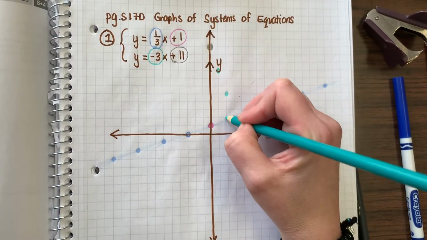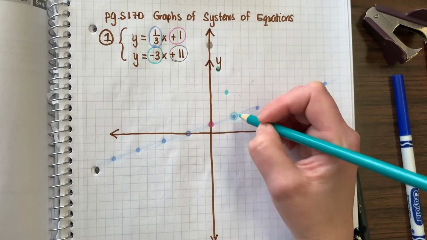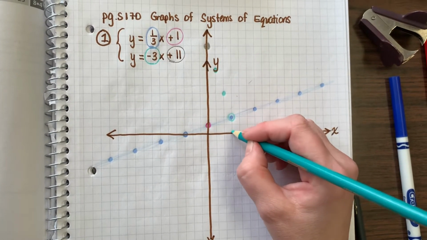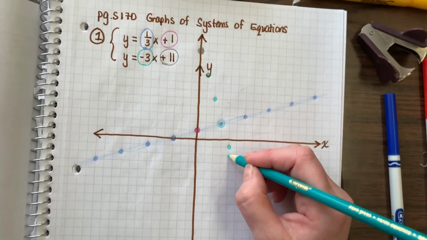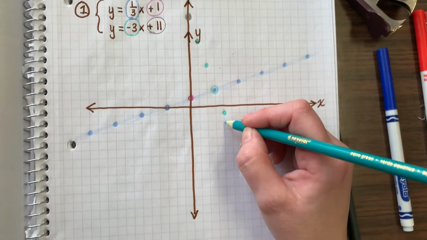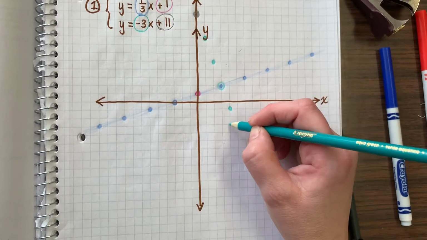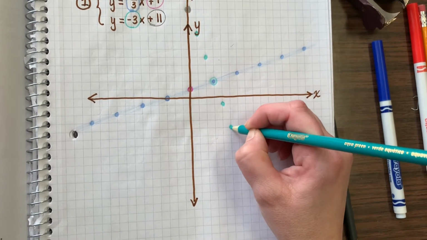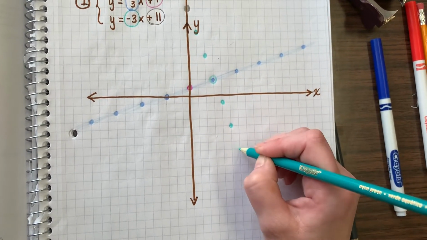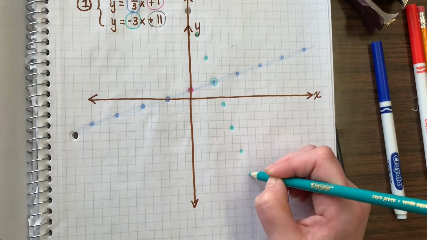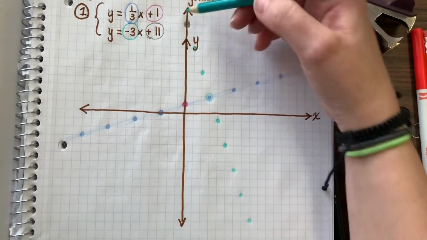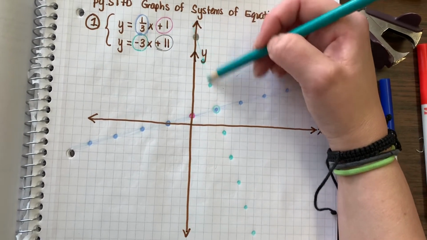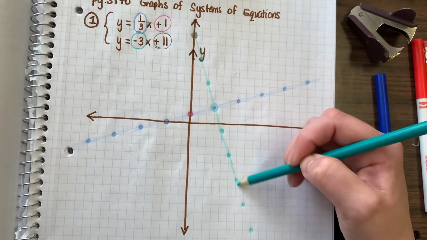I'm going to keep going until I reach the end of my coordinate plane. Down 3, right 1, down 3, right 1, down 3, right 1. If you connect your dots, you should see that it makes a line.